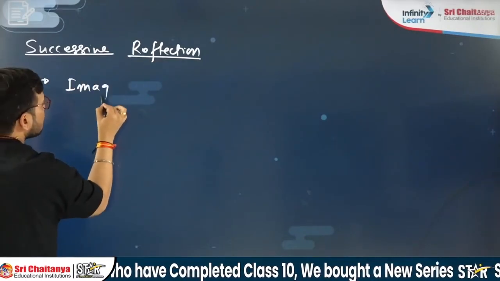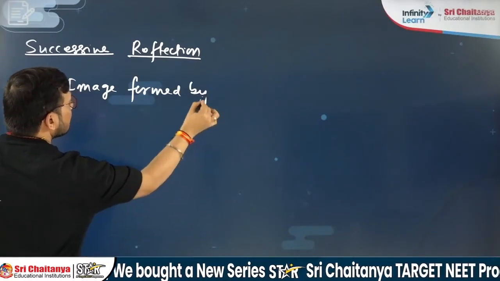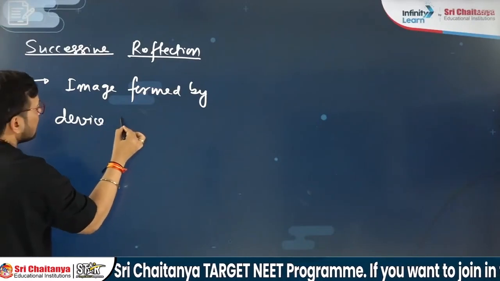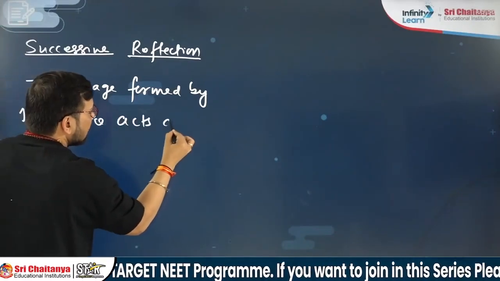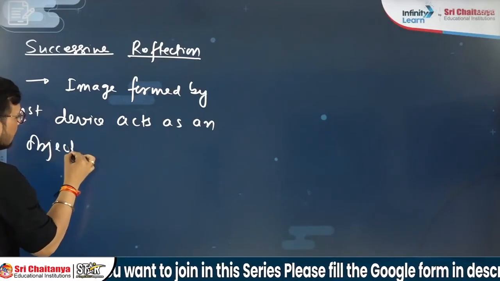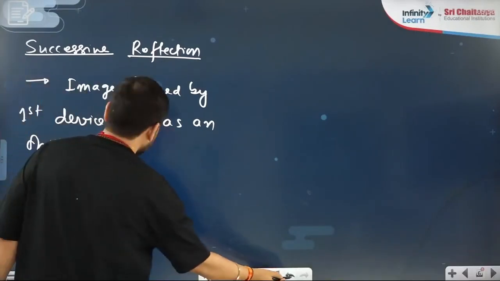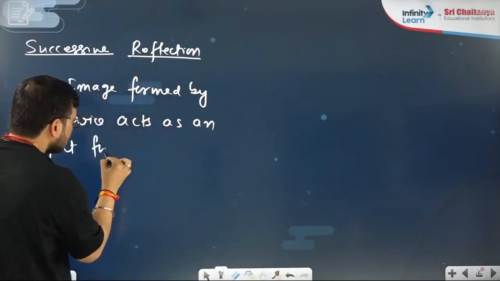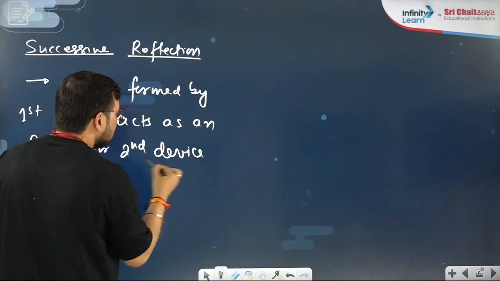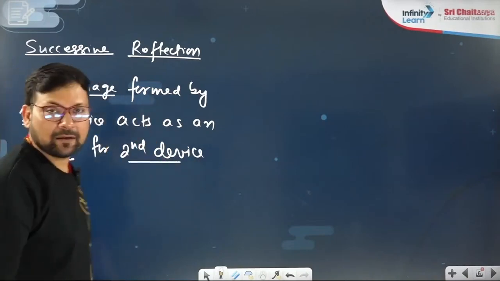The image formed by the first device acts as an object for the second device. The second device could be a plane mirror or some other mirror. So the first image formed by the first device is the object for the second, right?